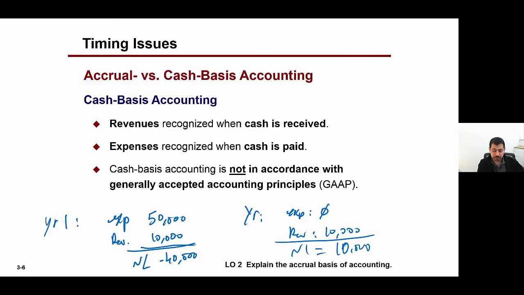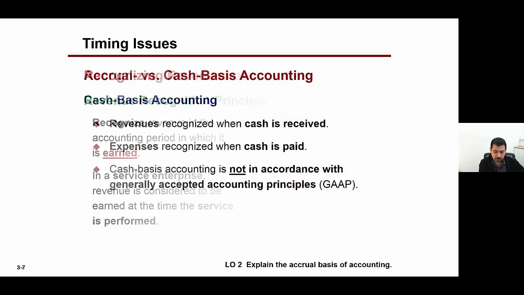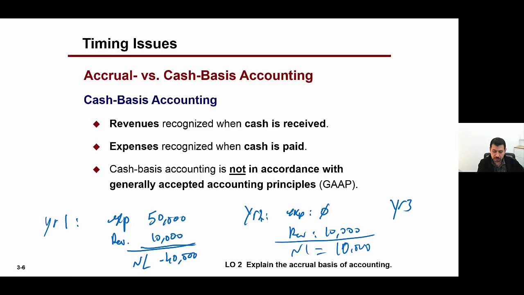The truth is that in year 3, it will still be 0 and 10,000, which would make it again 10,000. This is a little bit misleading. Under accrual basis, the company would record the expenses as the revenues are generated.